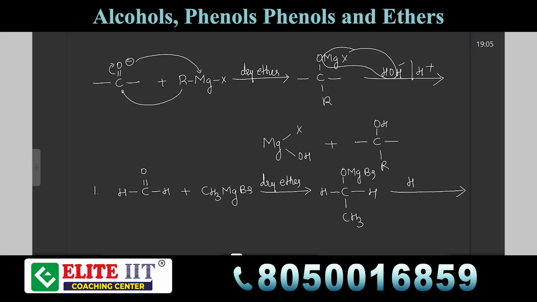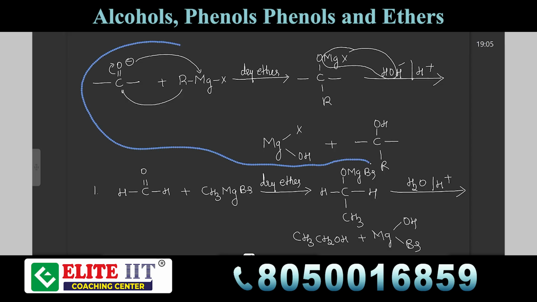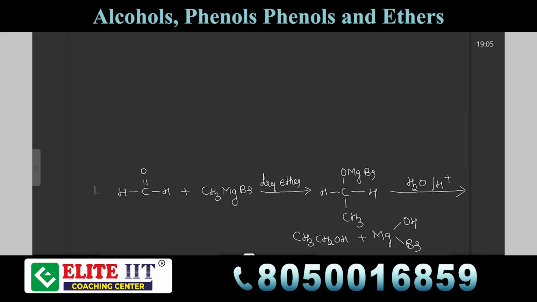Subjected to hydrolysis, so that you get here CH3, CH2, OH, eliminating Mg and then OH here and Br, which we call a primary alcohol. Other than formaldehyde, if you use any other aldehyde, you get here a secondary alcohol.